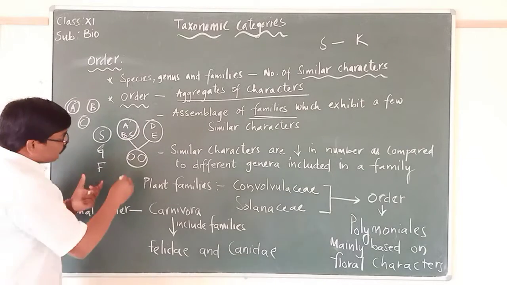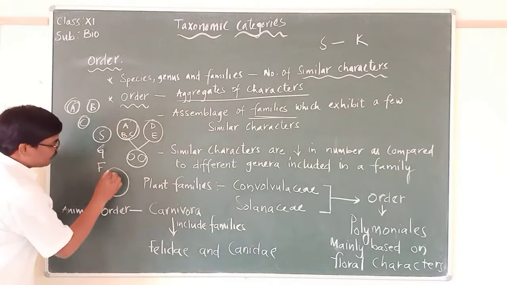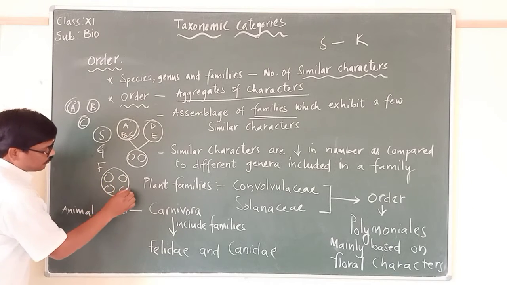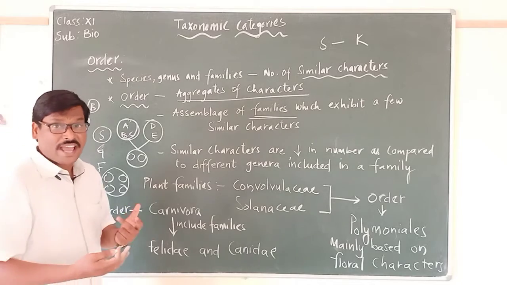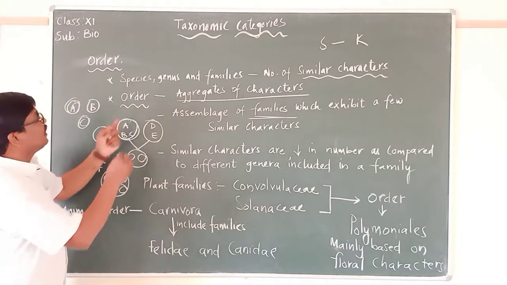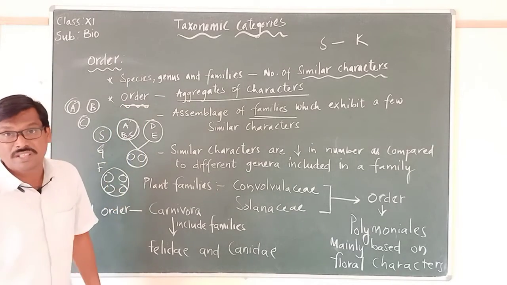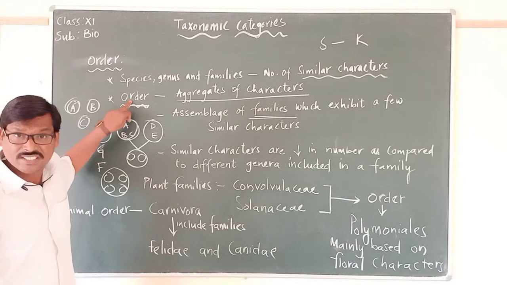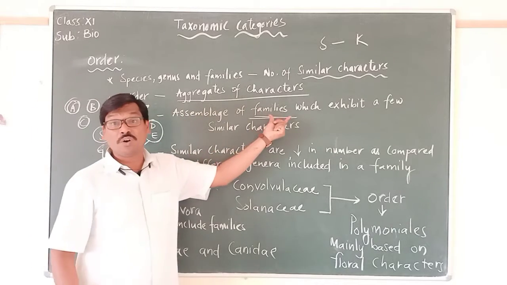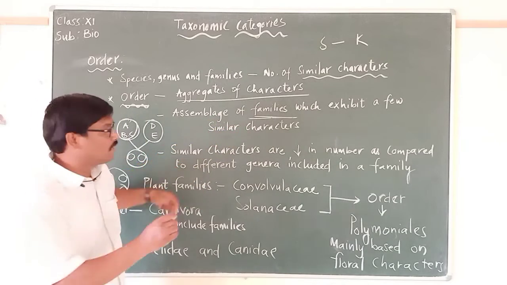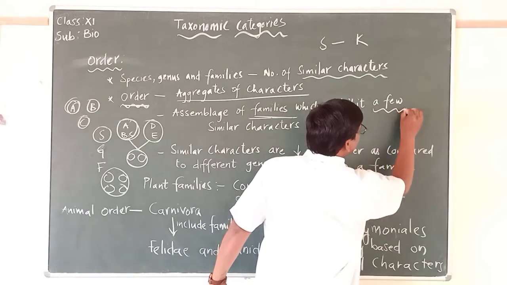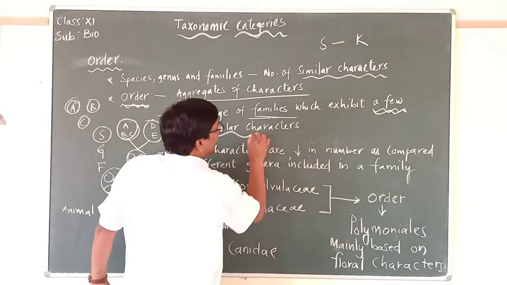Like that, if there are families with different genera having similar characteristics, we place them in the order. So order is nothing but an assemblage of families which exhibit few similar characteristics. Please remember this, few similar characteristics.